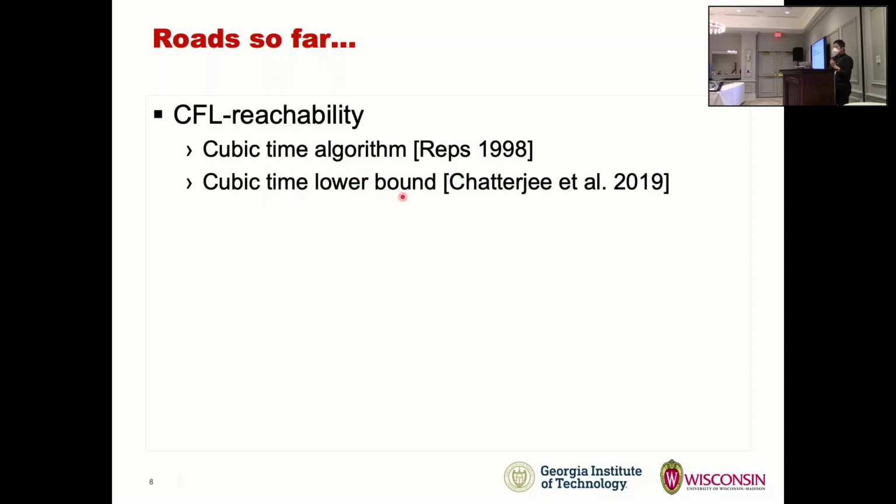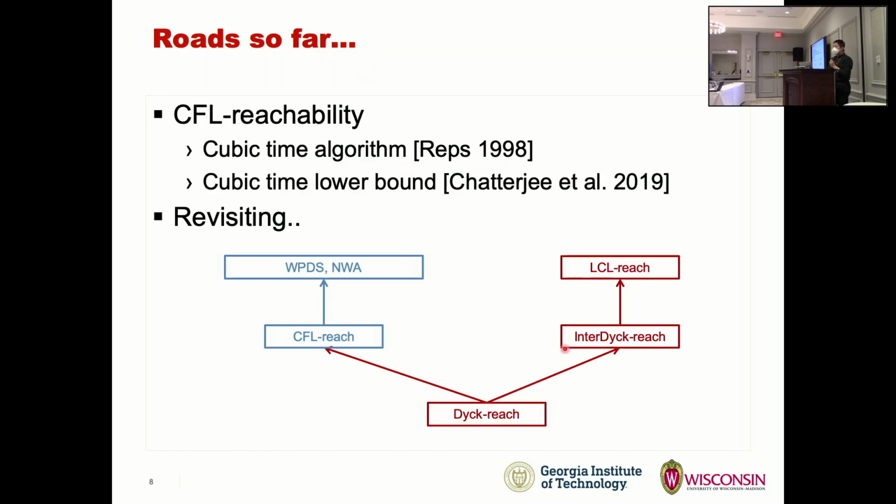But as I mentioned, we are going to first talk about an asymptotically faster algorithm for solving Dyck-reachability. How is that possible? So let's first revisit the complexity diagram. The result applies to CFL-reachability, which is here.